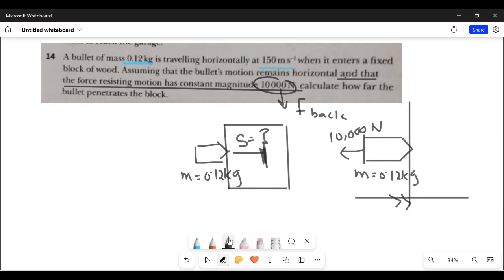Okay. Acha. Now what can we say about this 150 meters per second? Which speed is this? Is it u? Is it v?